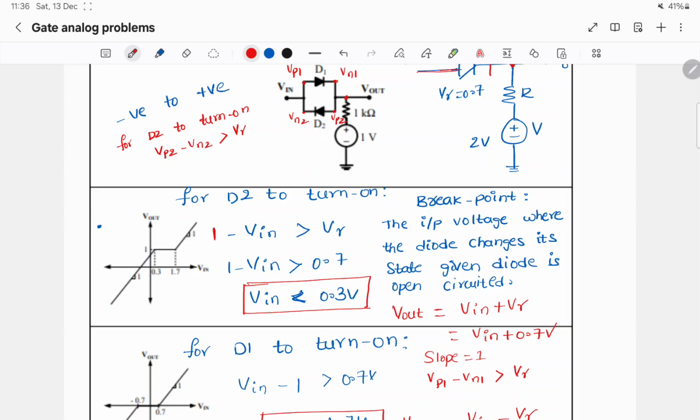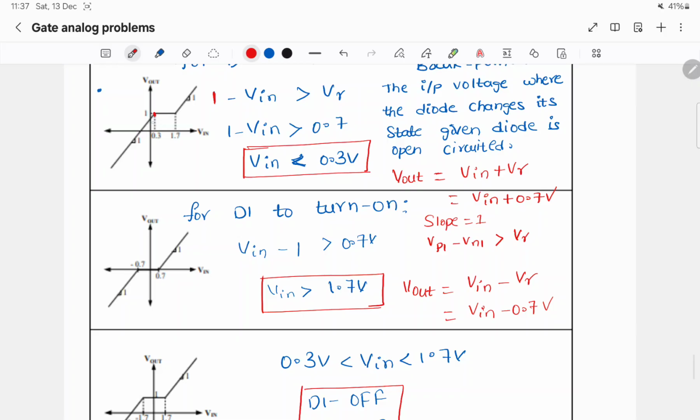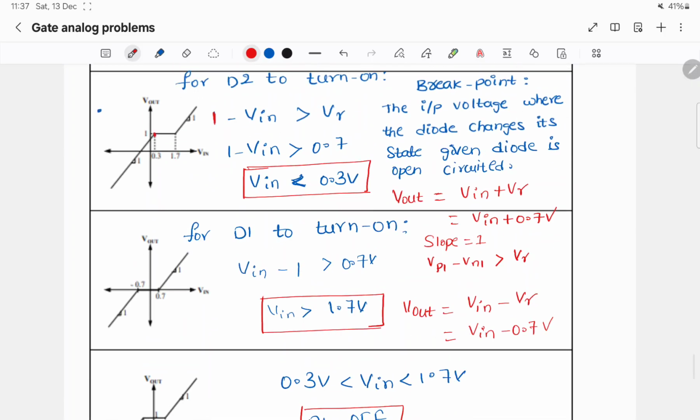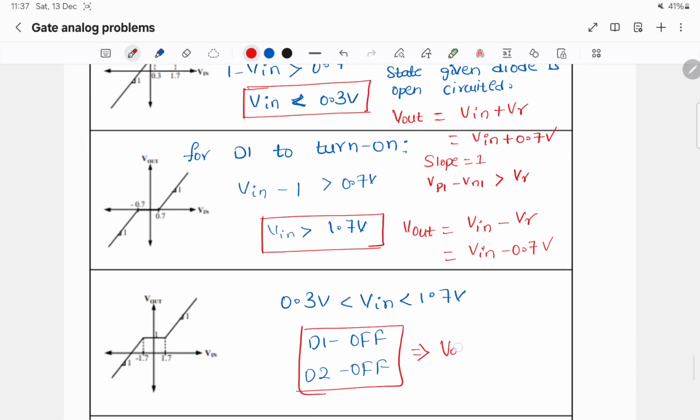At 0.3 volts, V out will be 1 volt. Between 0.3 and 1.7, both D1 and D2 are off, so V out will be at 1 volt because no current flows.